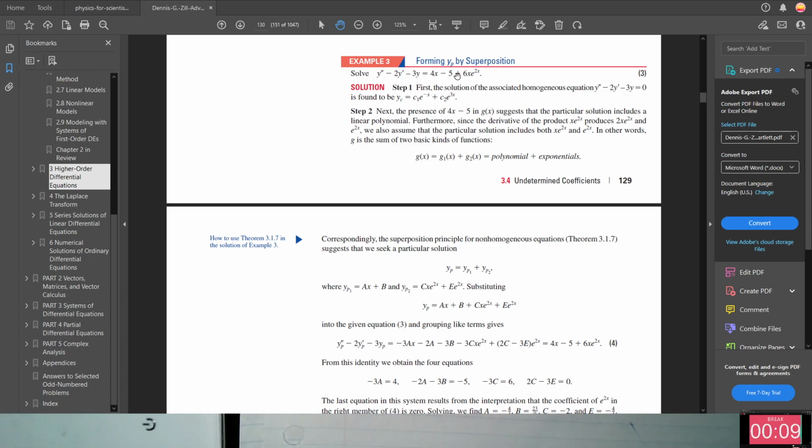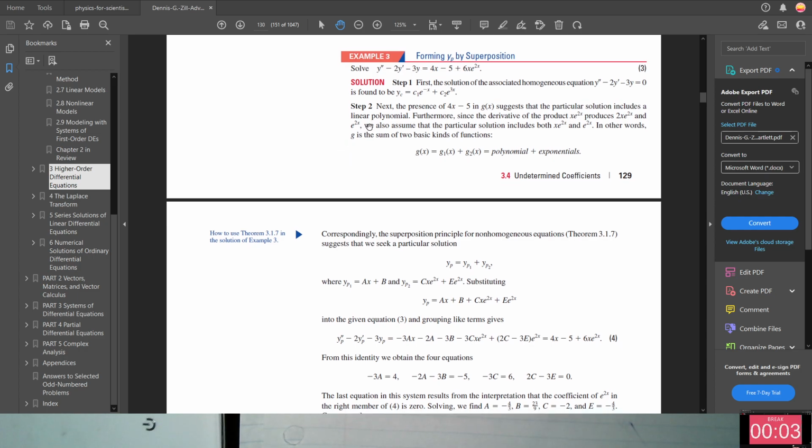In other words, g is the sum of two basic kinds of functions: g(x) = g1(x) + g2(x), polynomial plus exponential. Oh, I see what they're talking about.